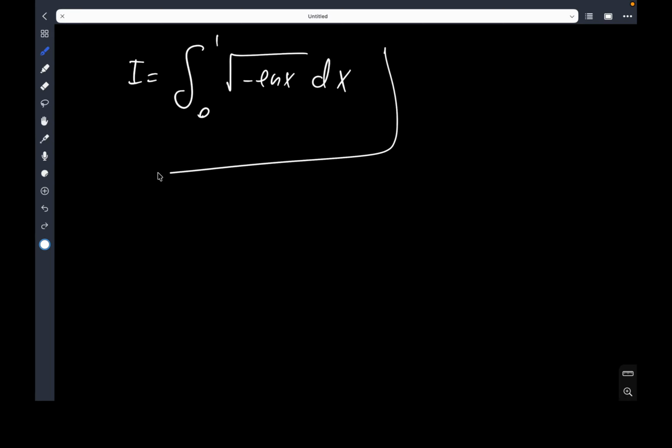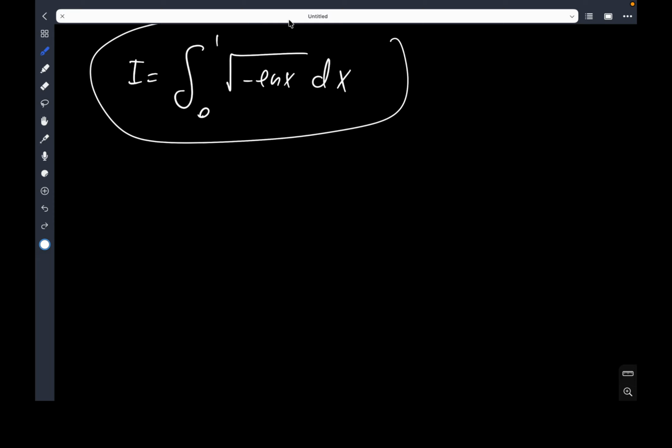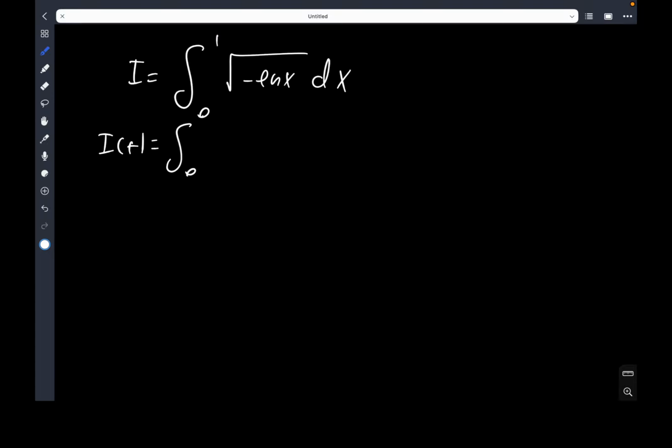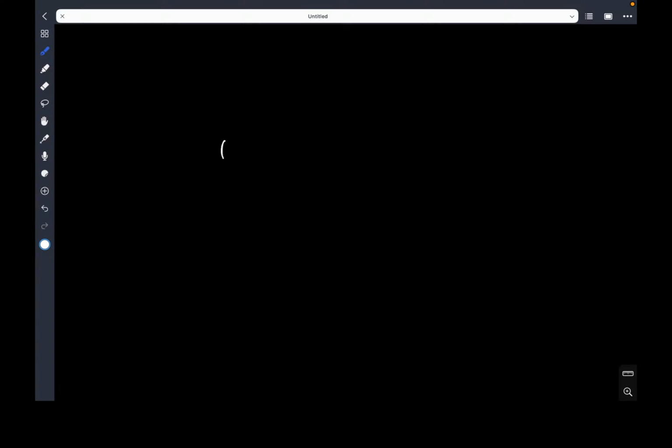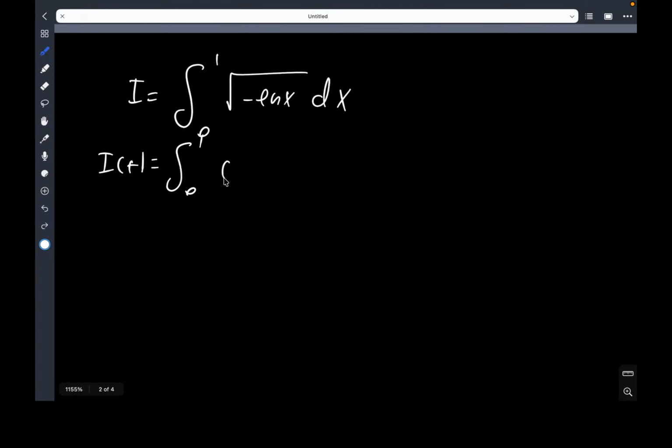So to solve this integral, I personally found other solutions, but my preferred technique is always Feynman's integration. Thus, I'm going to define I of t to be the integral from 0 to 1 of (negative ln x) to the power of t dx.